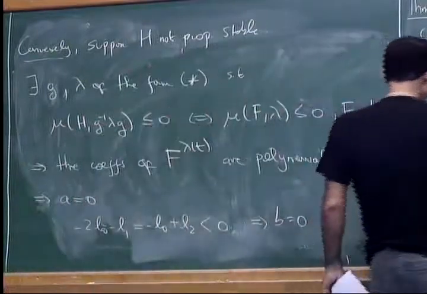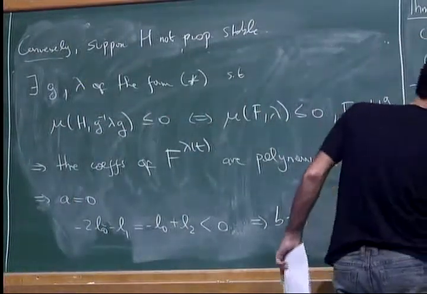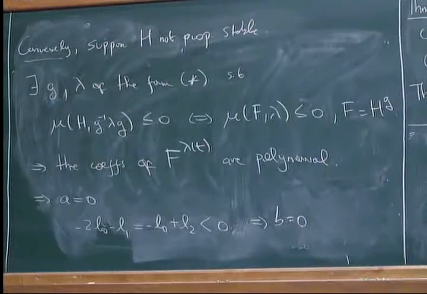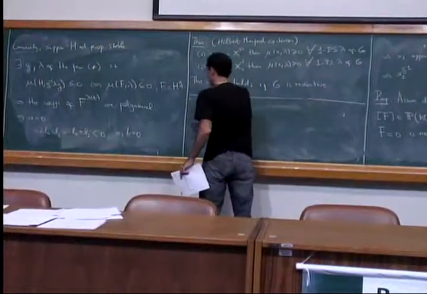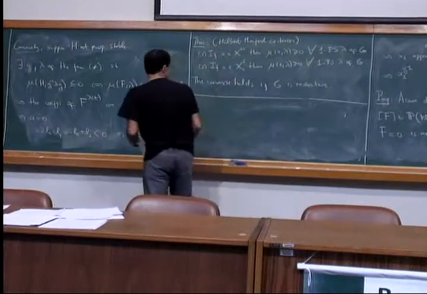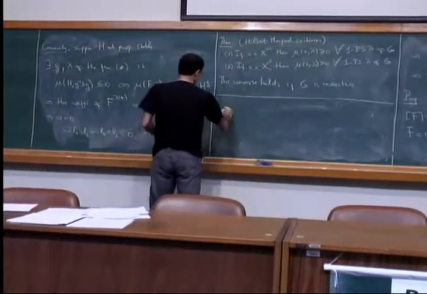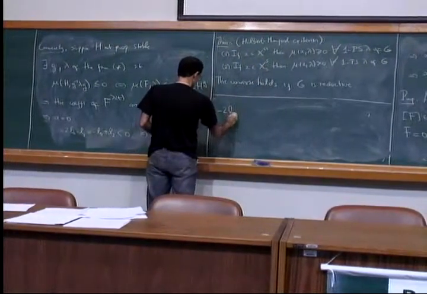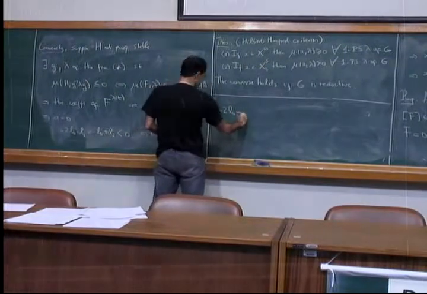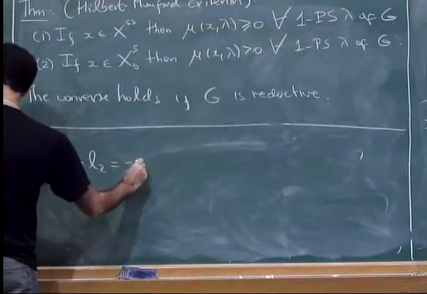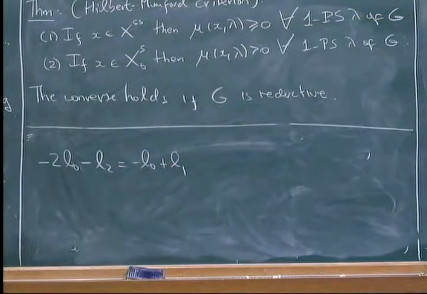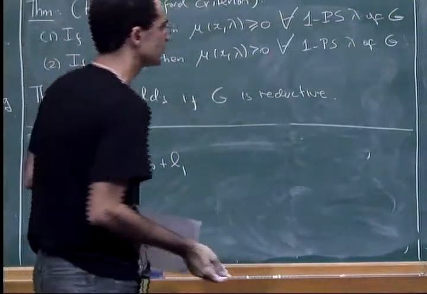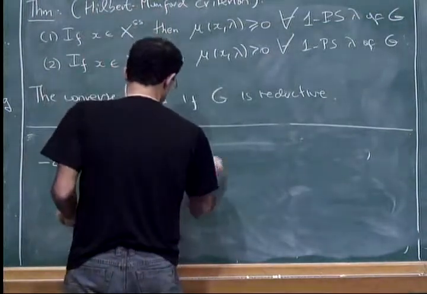Now let's look at C. Now here we have something that, okay, we don't know, right? It depends on lambda because minus 2 L naught minus L2 is minus L naught plus L1. And then the only thing we know is that L1 is less or equal than L naught, so this is less or equal than 0.